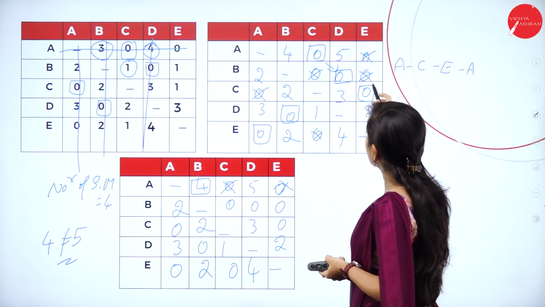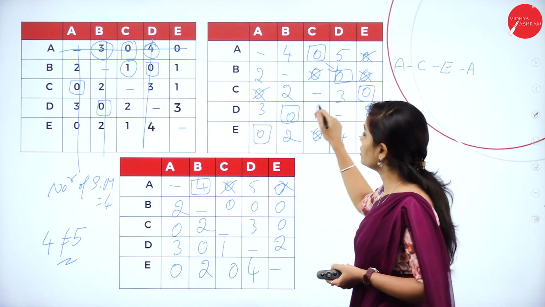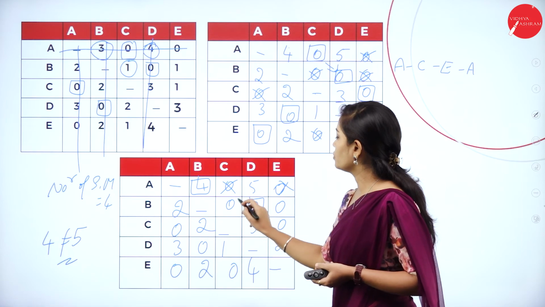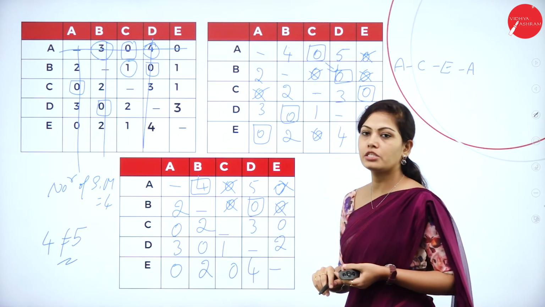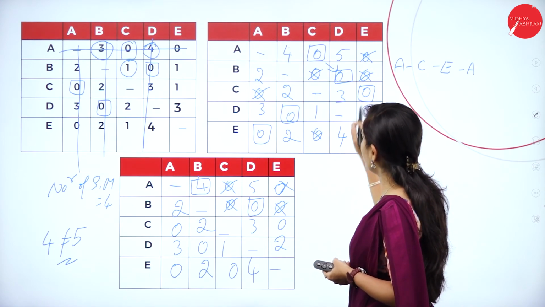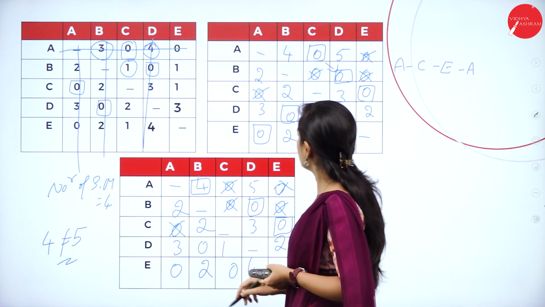Clear? And in the second row, in the previous matrix representation, I have assigned this zero. So again, I will assign this zero and I can cancel these zeros. And in the next step, again, I will assign this zero and I can cancel this.